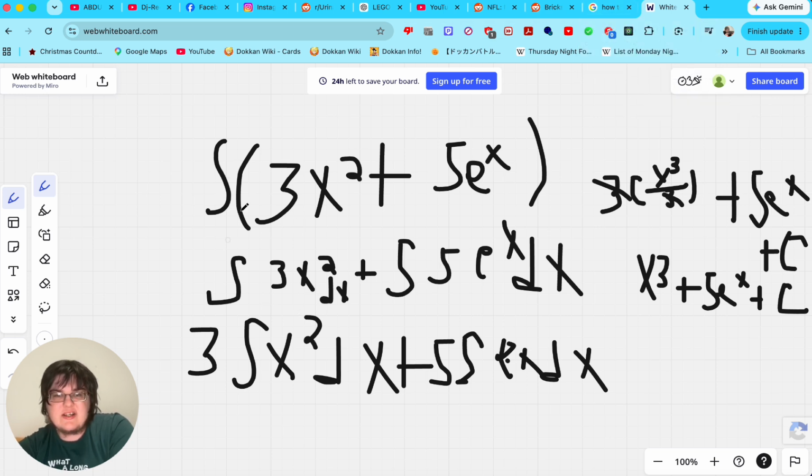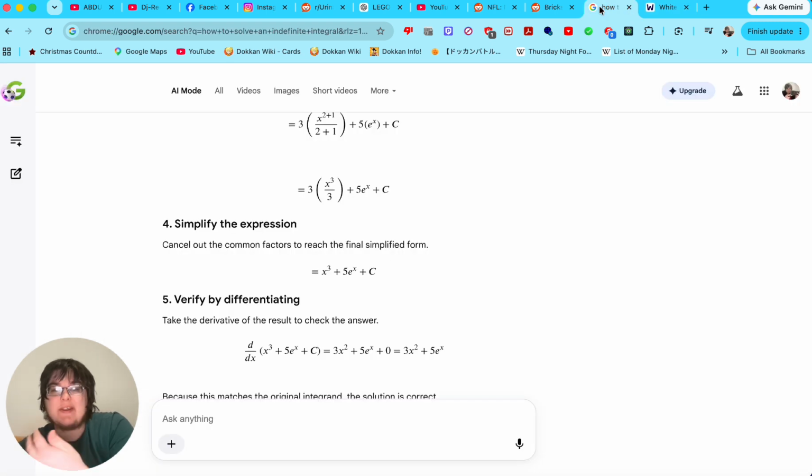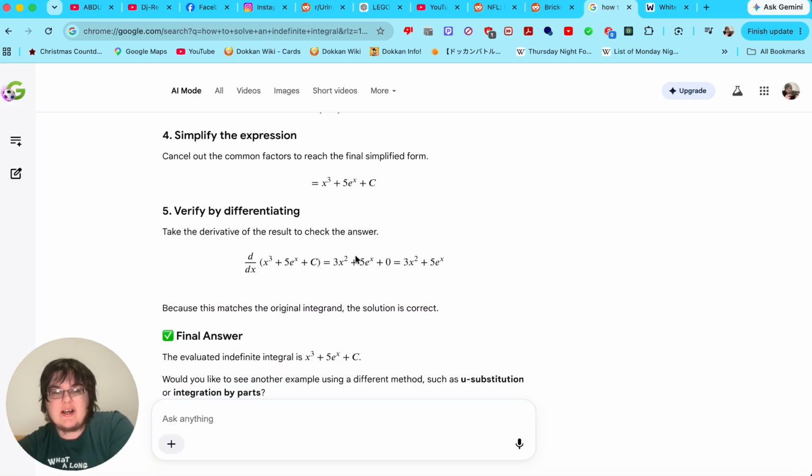So basically, split out the terms, move your numbers here to the other side of the integral, then use any rules necessary. For this problem, it's going to be the power rule and the exponential rule. And then cancel out any common terms you may have left.